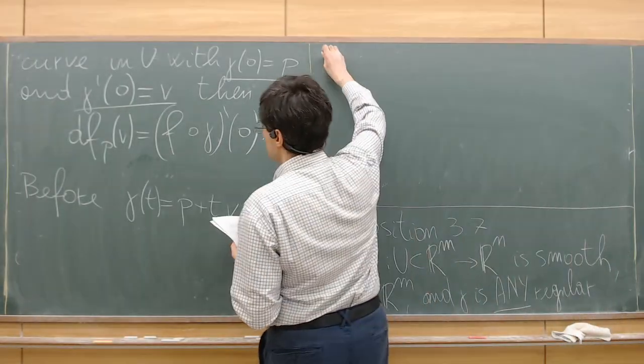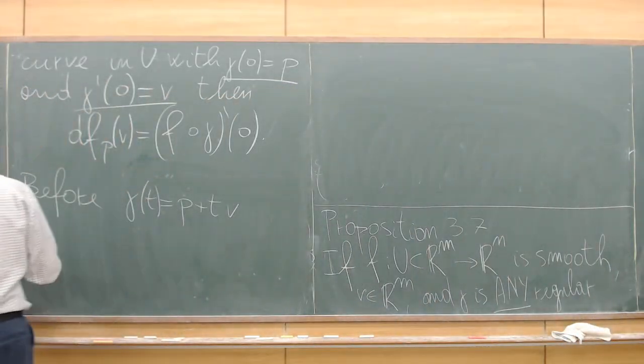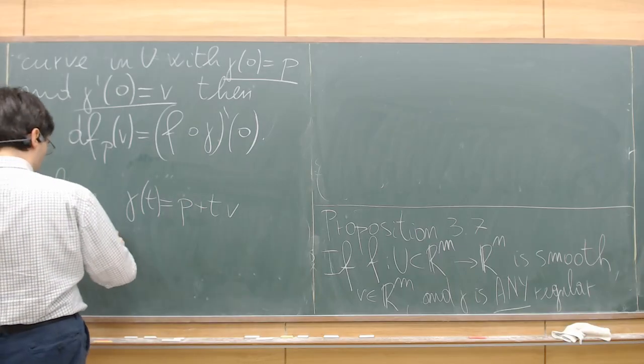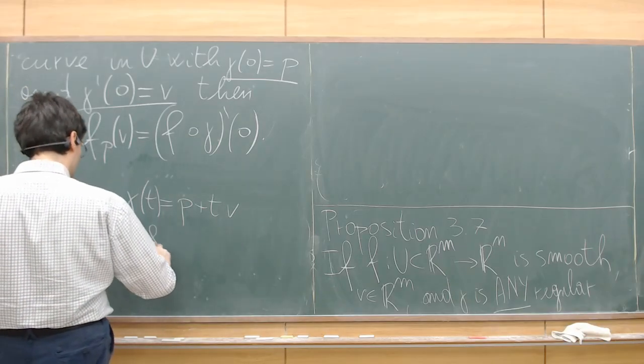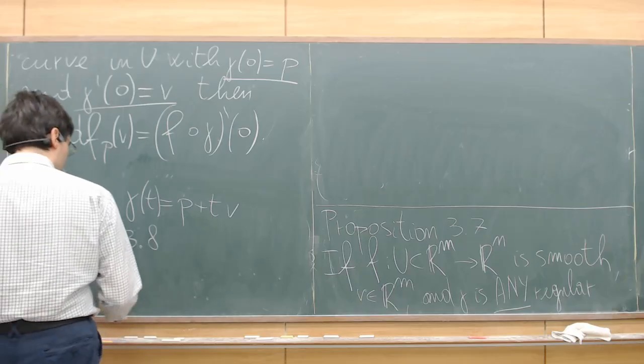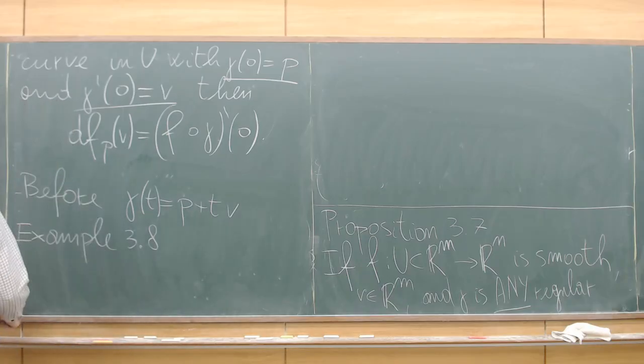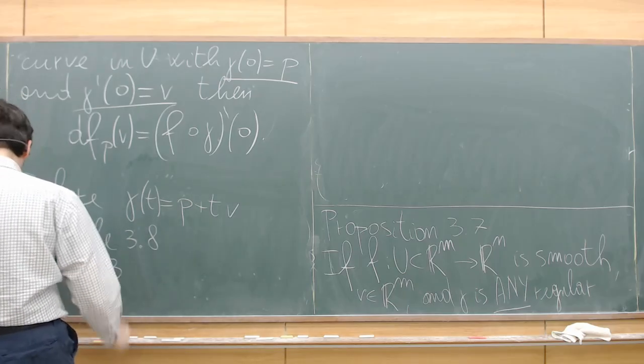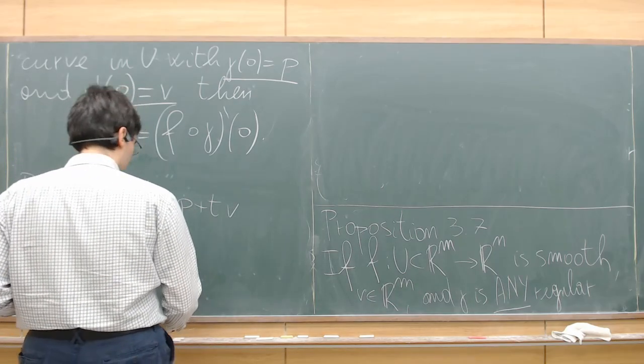So, Example 3.8. In this case we have m equal to 2 and n equal to 3.